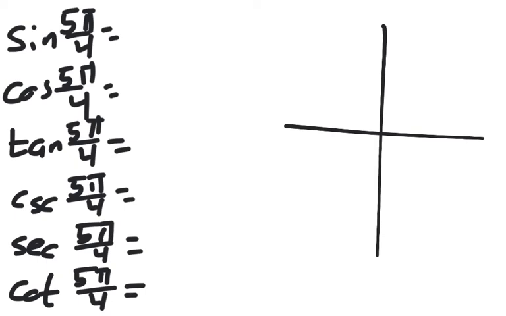So I know then that's going to put me in the third quadrant. And so if this rotated me to 4 pi over 4, then rotating to here was another pi over 4. And I know pi over 4 is 45 degrees. So I know that my reference angle is 45 degrees.